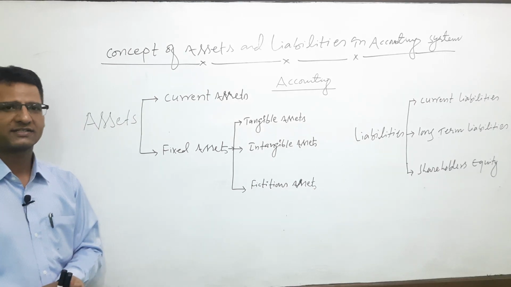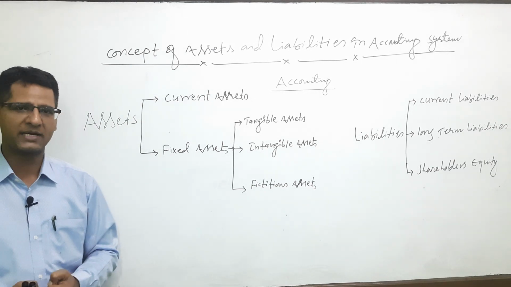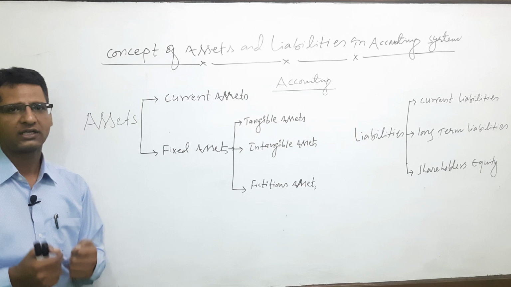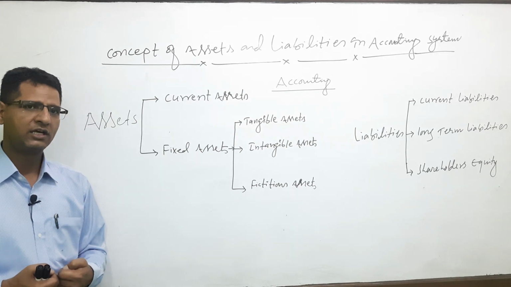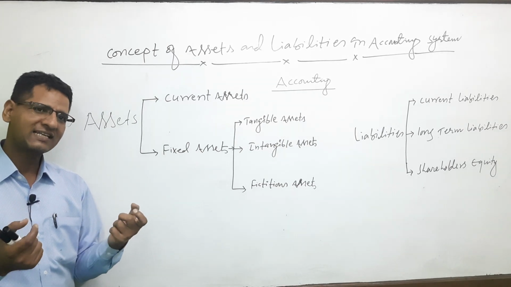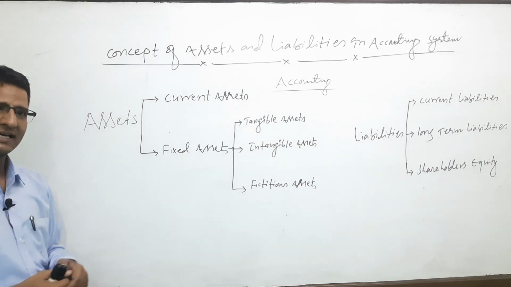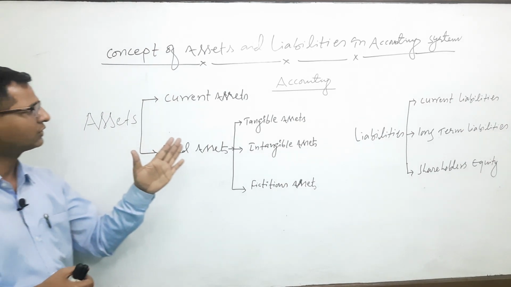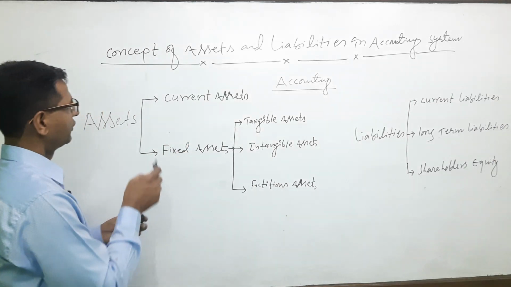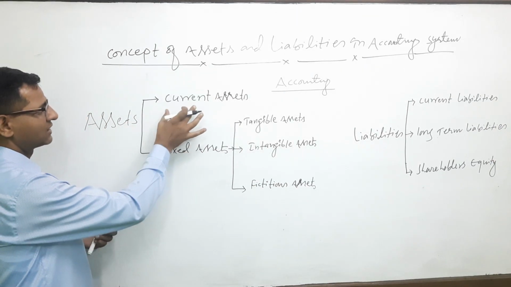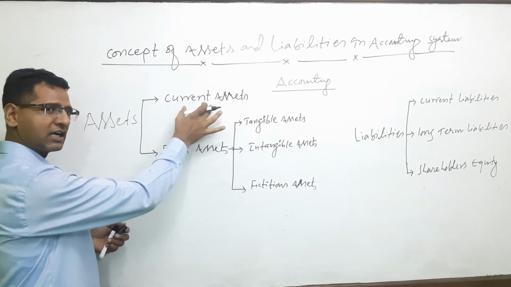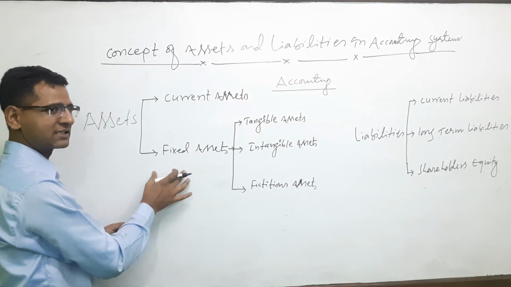Without different assets, we as a businessman, as an individual, cannot do anything in the business. Simply, assets are properties. There are two types of assets. On the basis of time, we can differentiate assets. One is current assets and another is fixed assets.